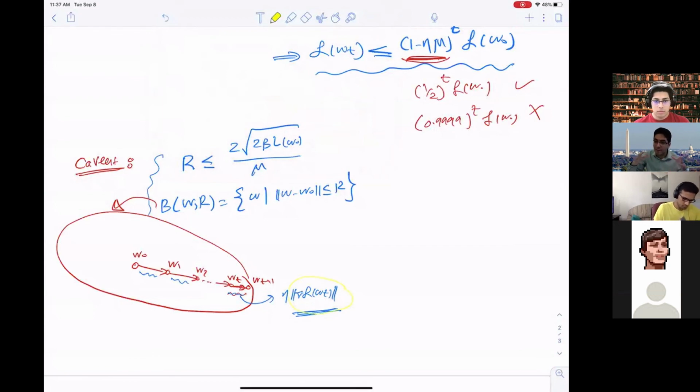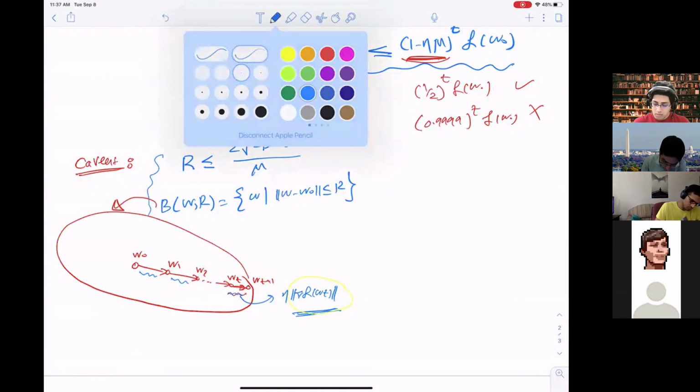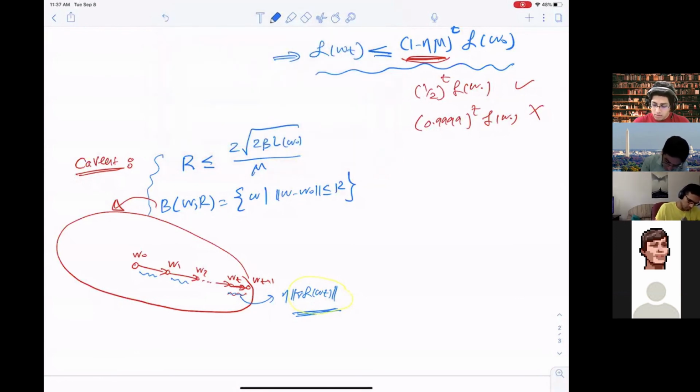So I want to say the magnitude of the gradient is less than or equal to something, and then bound the sum of these upper bounds and show that I remain within this ball.